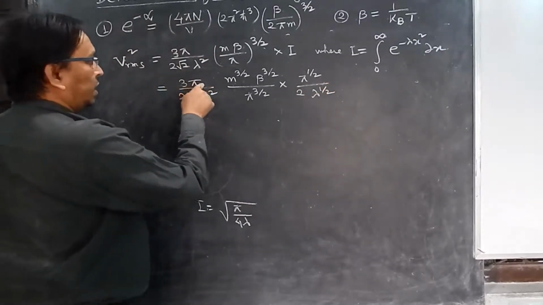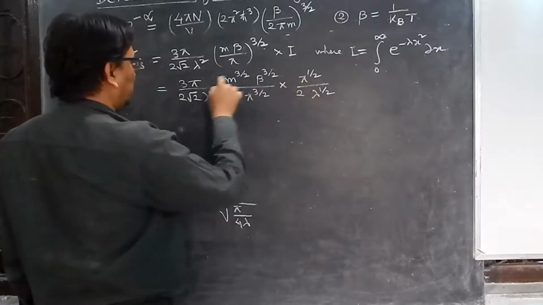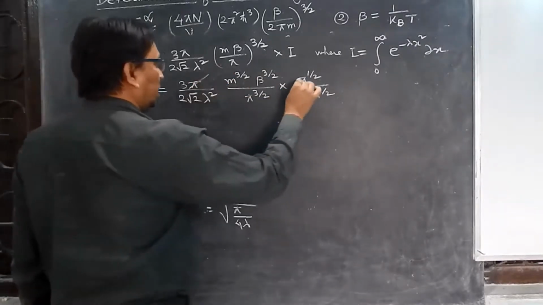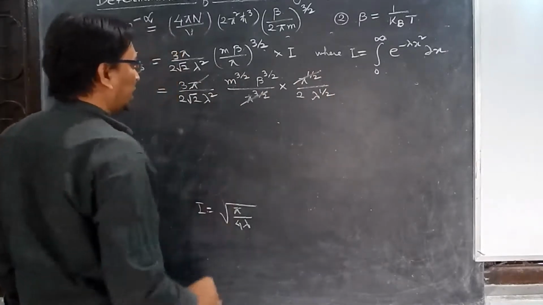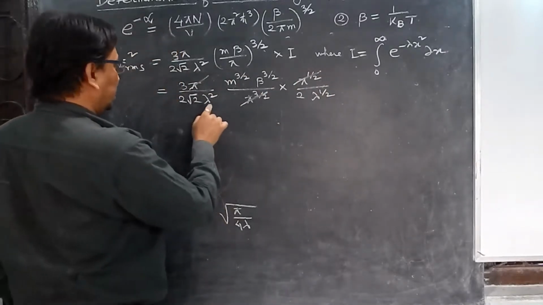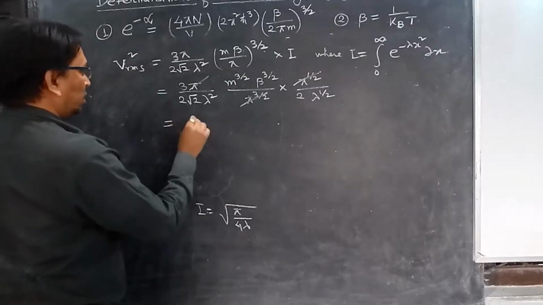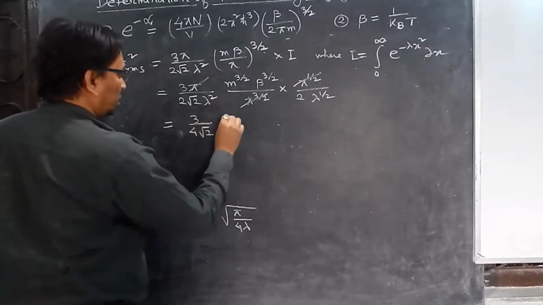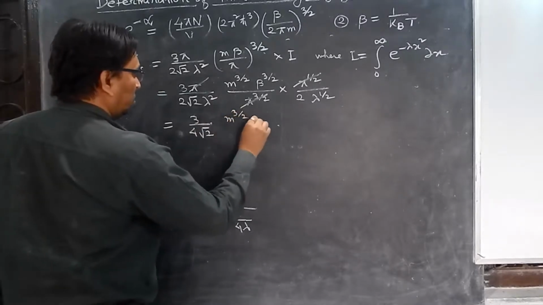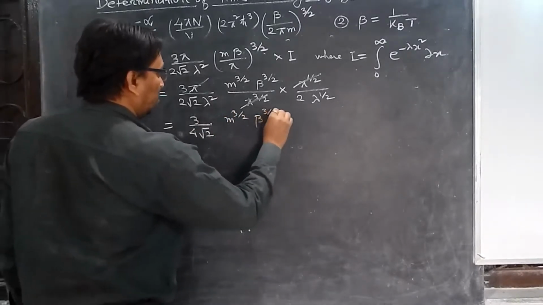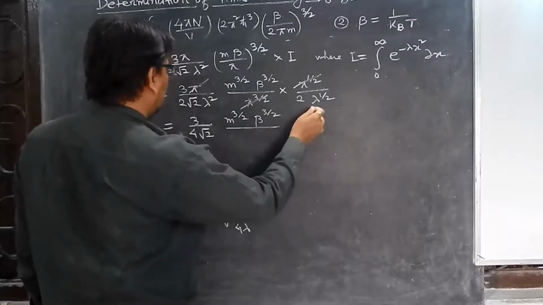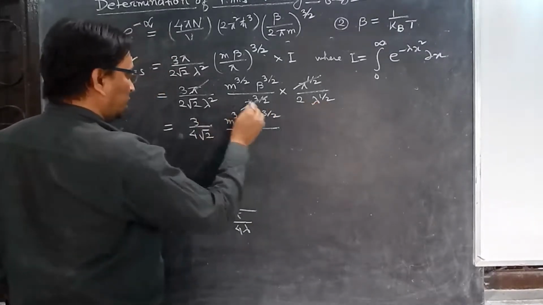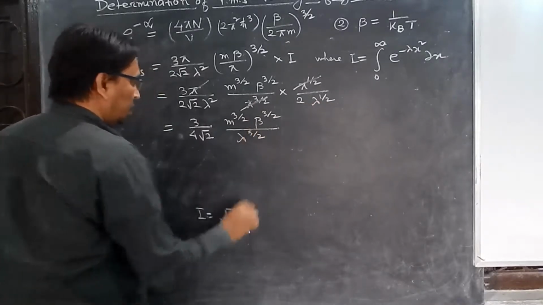Now here it is pi to the power 3 by 2 and here pi to the power 3 by 2, so these cancel and we are getting here 3 by 4 root 2. So this is m to the power 3 by 2, beta to the power 3 by 2 and ultimately lambda to the power 2 and 1 by 2, so that is actually lambda to the power 5 by 2.